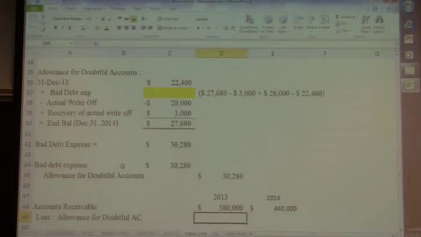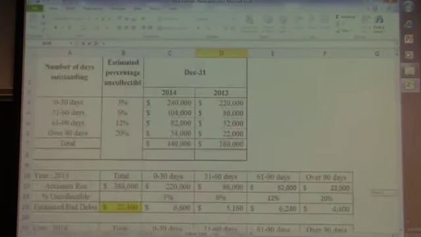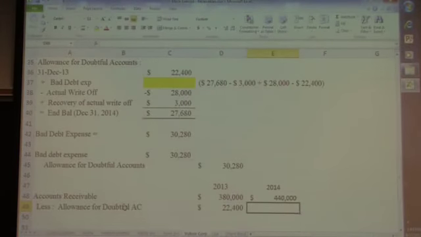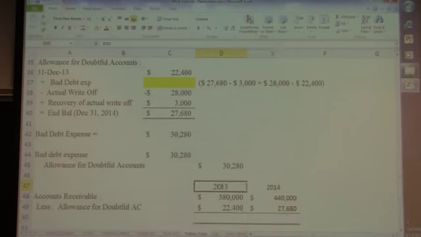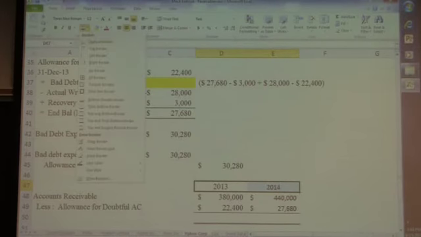And then we know the allowance that we needed to provide here. I have the allowance of $22,400 in this year, and the allowance I needed to provide for this year is $27,680, which is also coming from the aging schedule. So the net realizable value would be the difference of those, right?